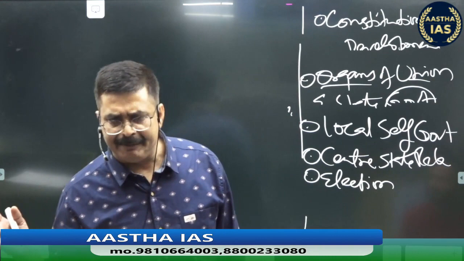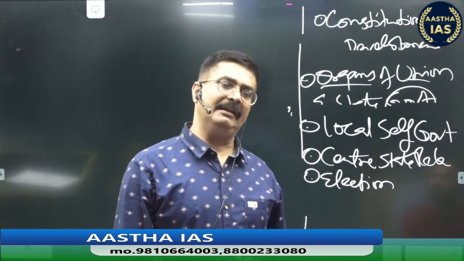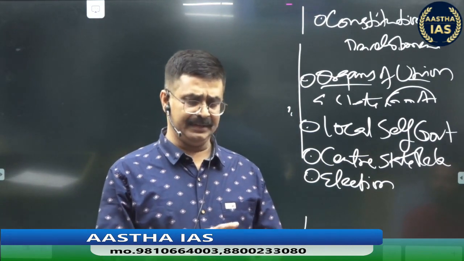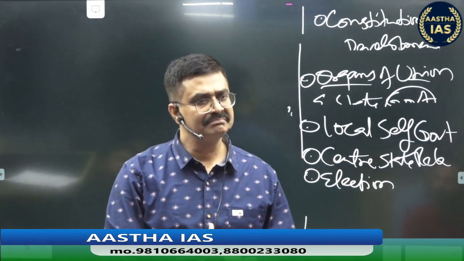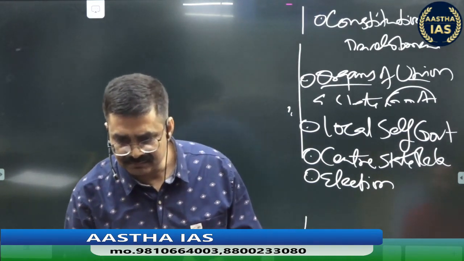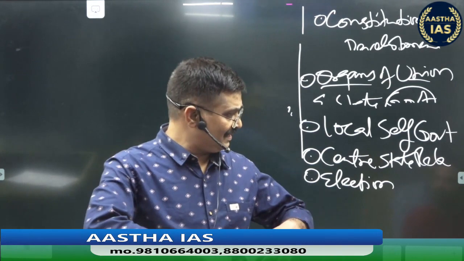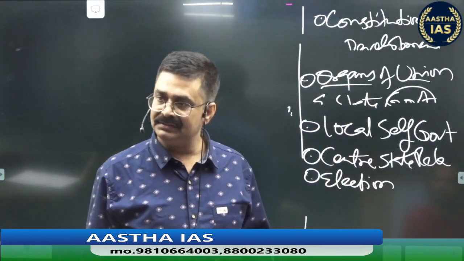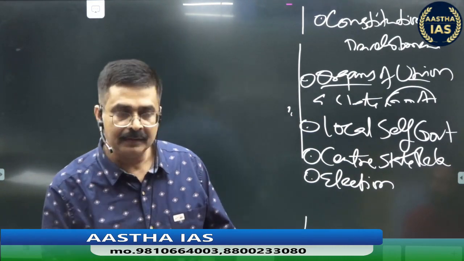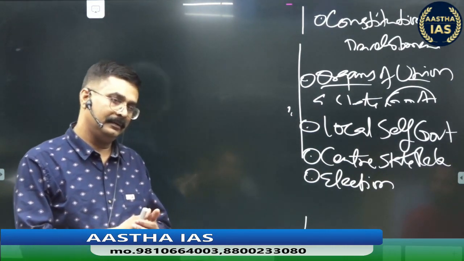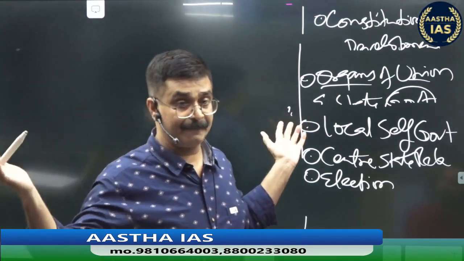A high level of diversity is prevailing in India, at multiple levels: social, political, economic, cultural, geographical, linguistic. In such divergent conditions, the integrity of the country is being protected. And a lot of threats are there.